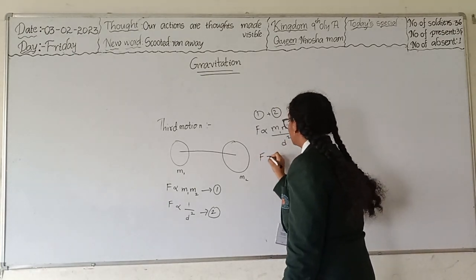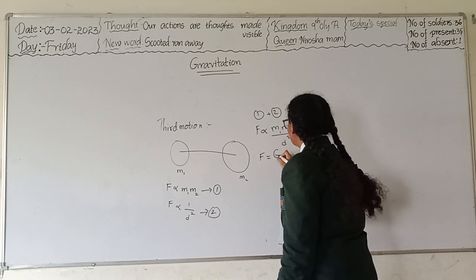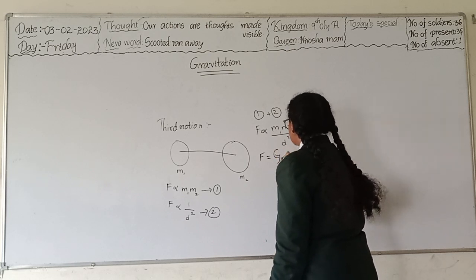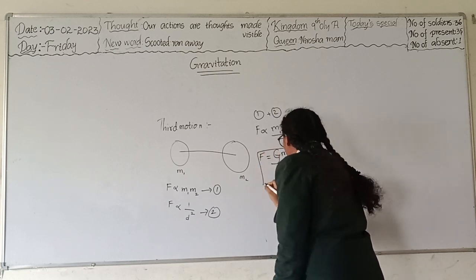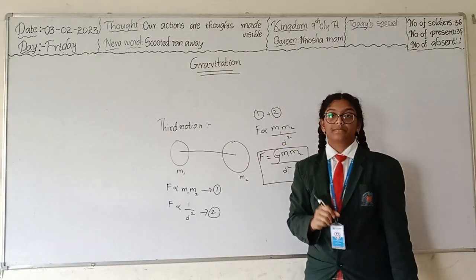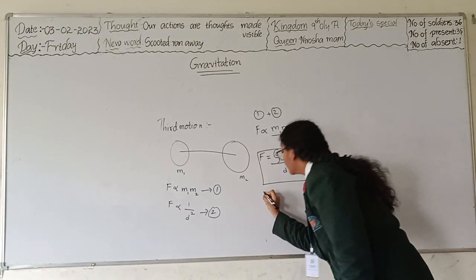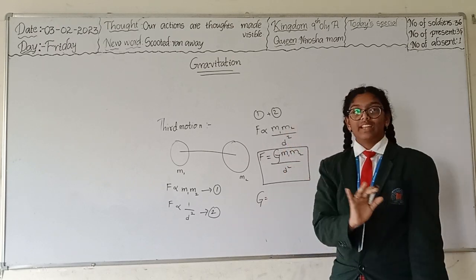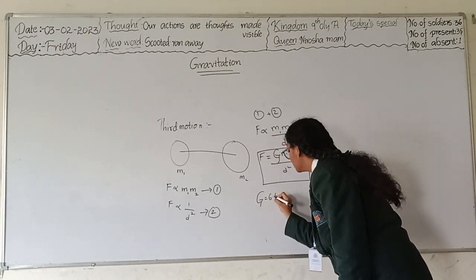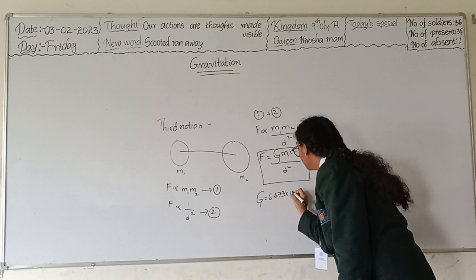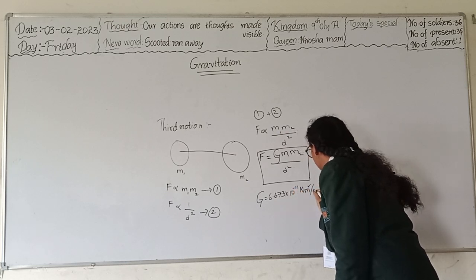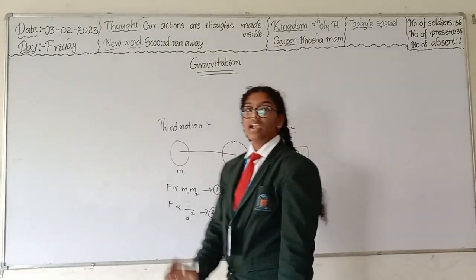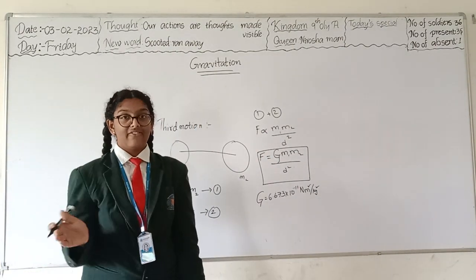To remove this proportionality, let me keep a gravitational constant G, and F = G m1 m2 by d square is the formula for gravitational force. G is the universal gravitational constant and the value of G is 6.673 into 10 to the power of minus 11 Newton meter square per kg square. This was given by a very great scientist, Henry Cavendish.